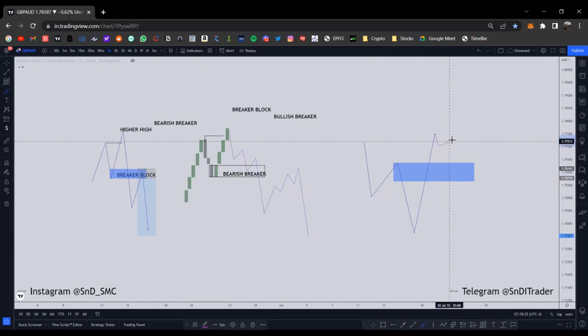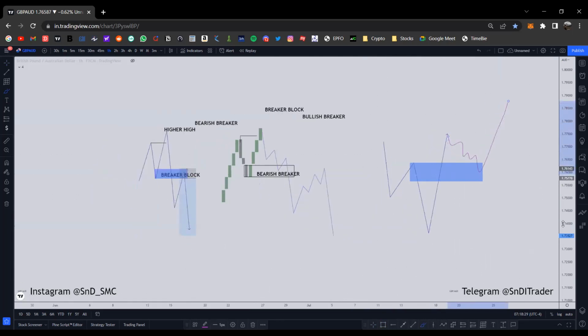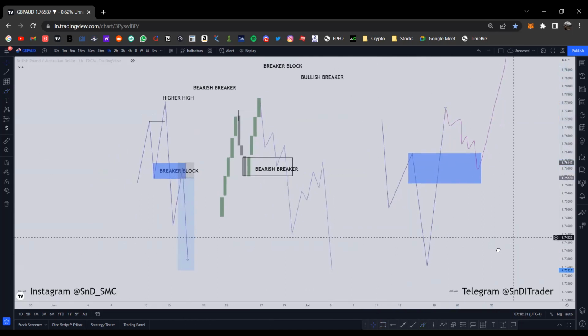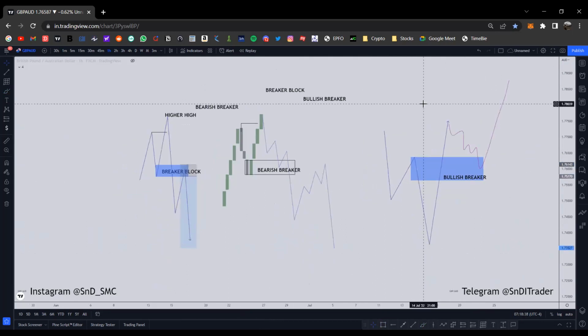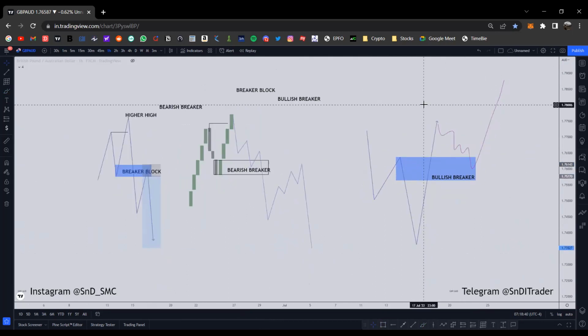So price might come back here again and give a nice move towards the upside. So that is how we see the bearish and bullish breaker. So this will be a bullish breaker. I hope you understand what I'm trying to say.